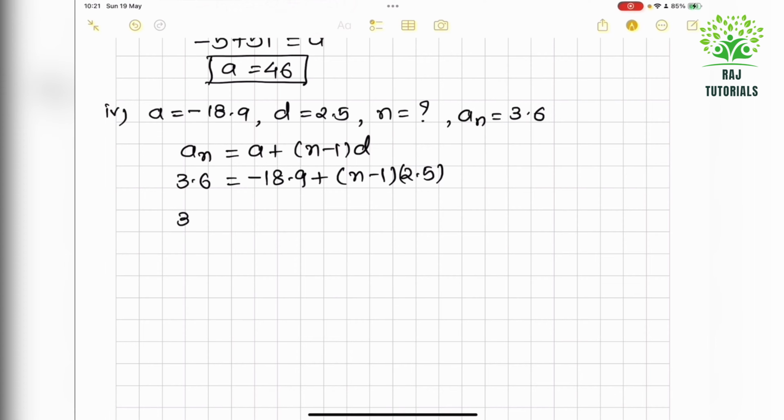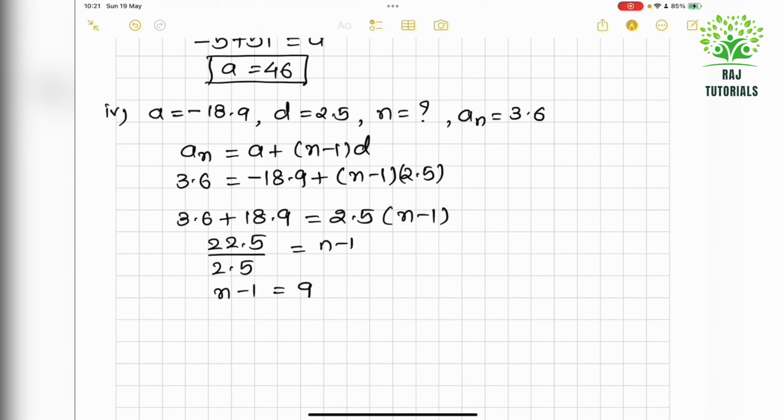So 3.6, if I bring minus 18.9 to the other side, it will become plus. So 22.5 equal to 2.5 into (N minus 1). Now 2.5, if I bring to the left hand side, it will go in divide, equal to N minus 1. So N minus 1 will be equal to 9. So N equal to 9 plus 1, so N equal to 10.